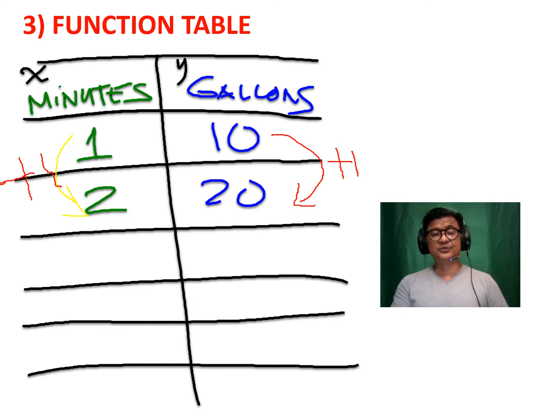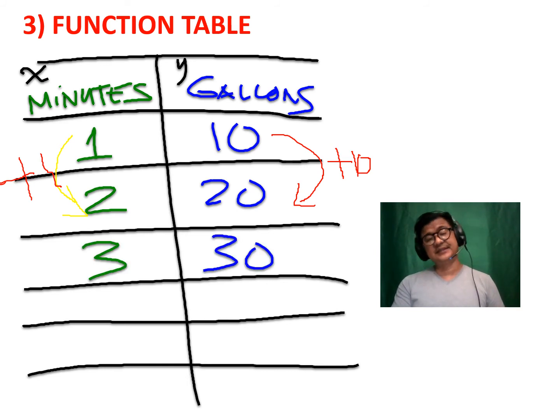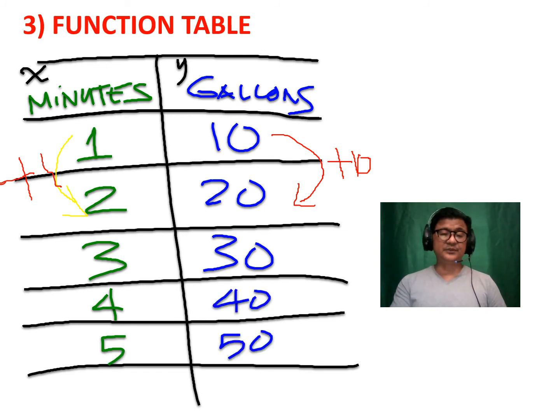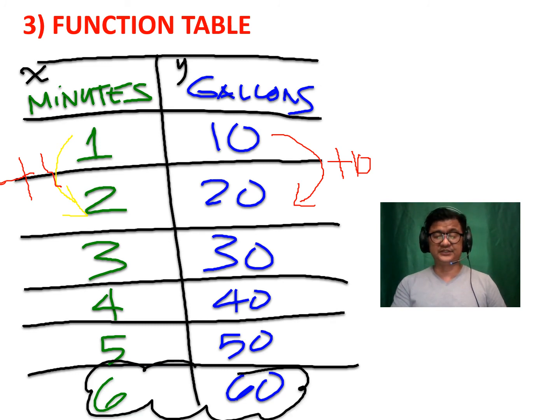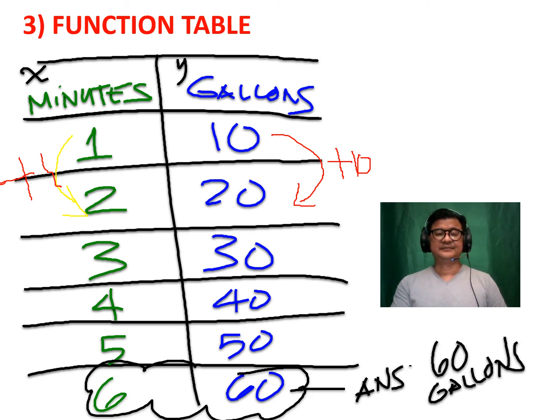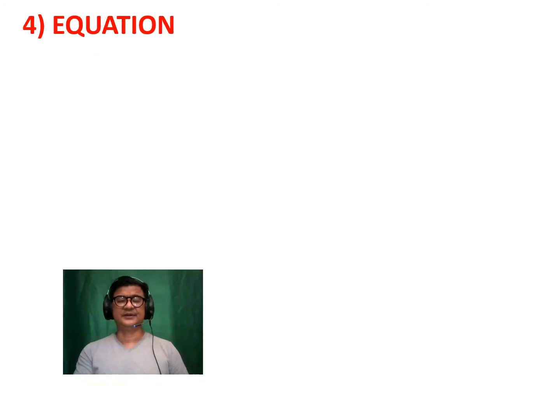You could do continuous addition or simply multiplication at the end. Plus 1 again, plus 10. Plus 1, plus 10, until we reach 6 minutes, which gives us an answer of 60. Therefore, the answer is 60 gallons. There you go.